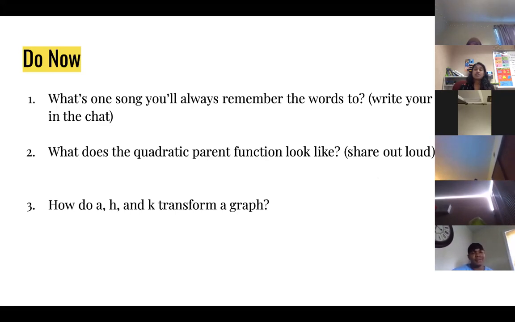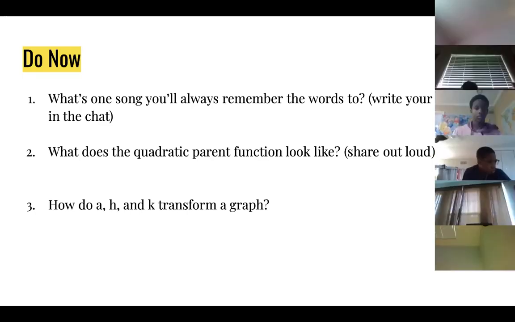What does the shape look like? Like a U? It's a U, yeah. It's called a parabola. And then, Jaden, do you remember where the vertex was for the parent function? Is it 0, 0? Yep, good. So the parent function is a parabola, and the vertex is at 0, 0. Good job.